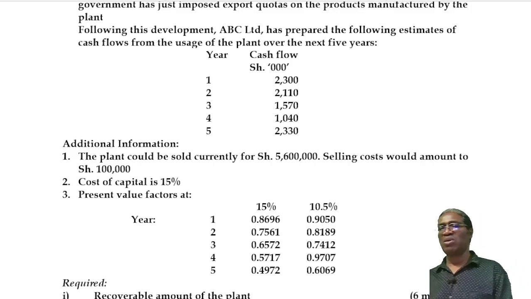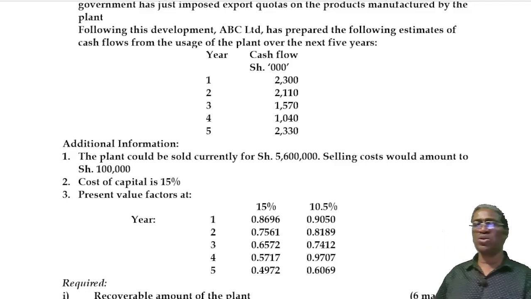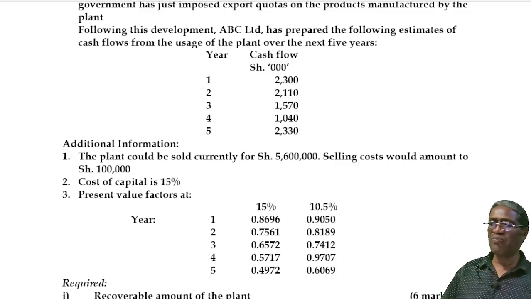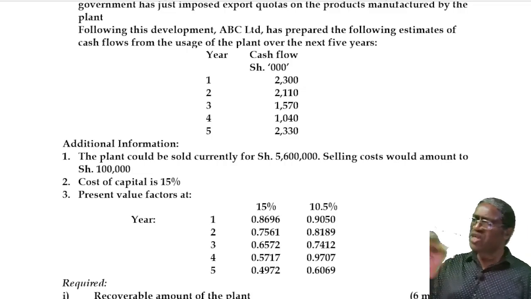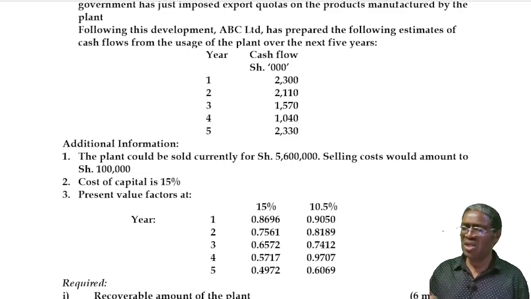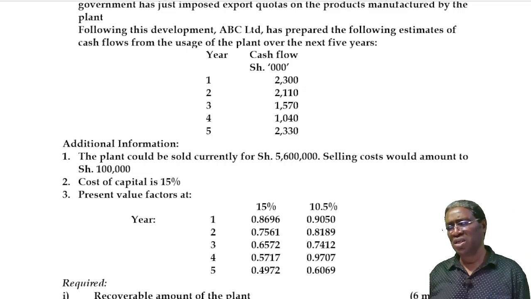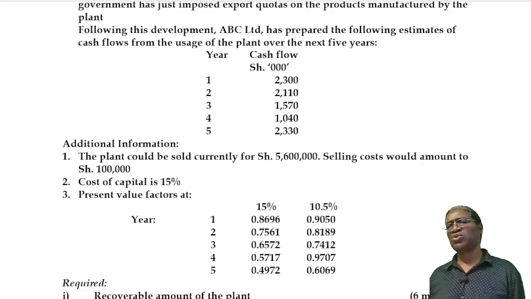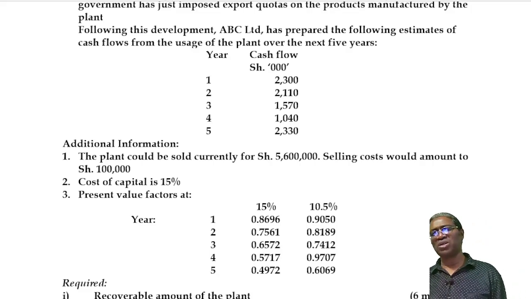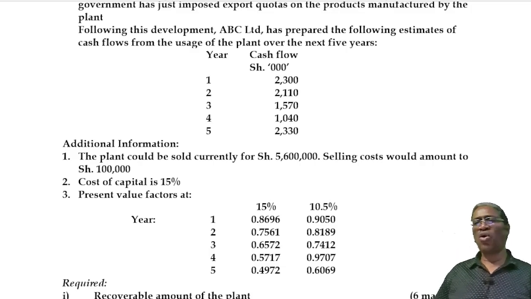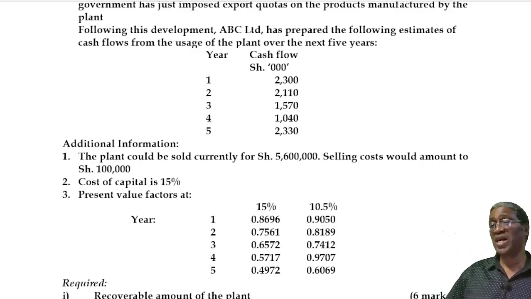So from note number 1, we are told this plant can be sold for 5.6 million. But for you to realize that 5.6 million, there is a cost you have to incur in the process of selling. And the question tells us under note number 1 that the cost to sell amounts to 100,000.